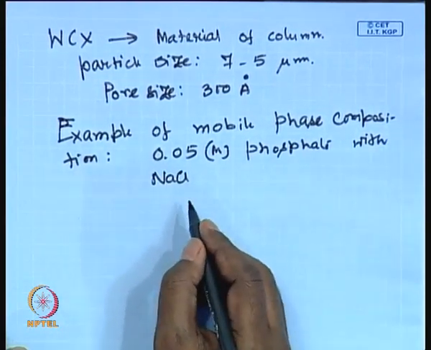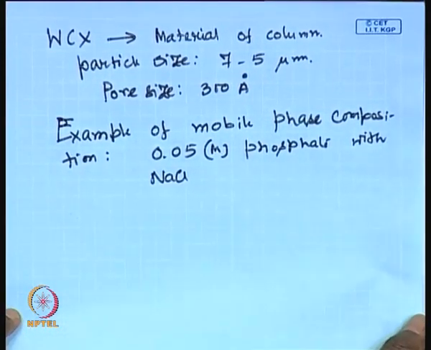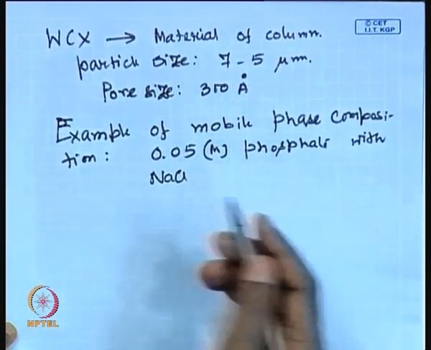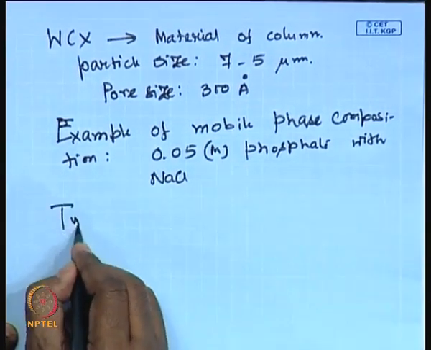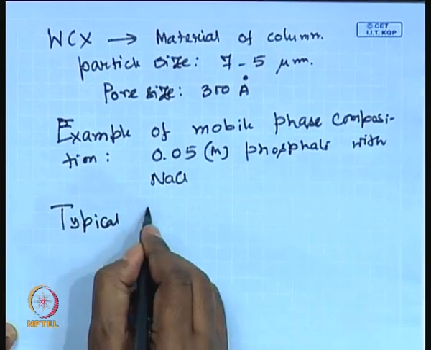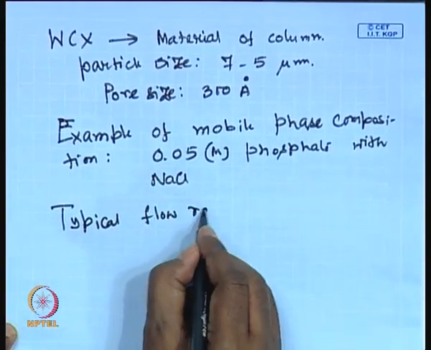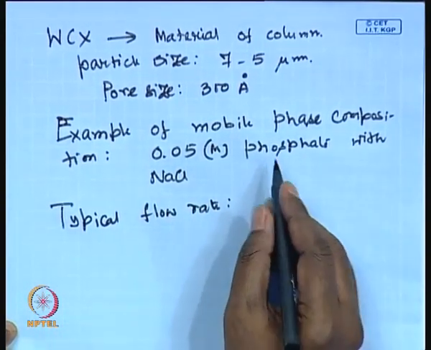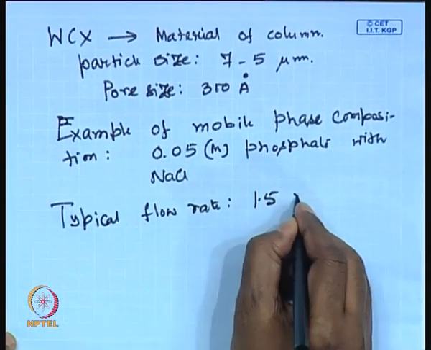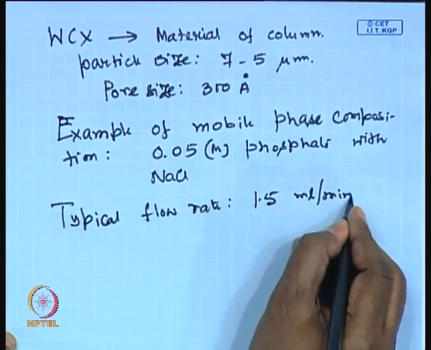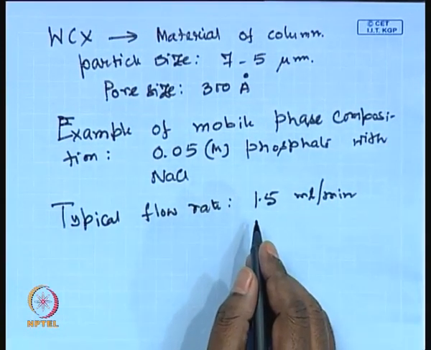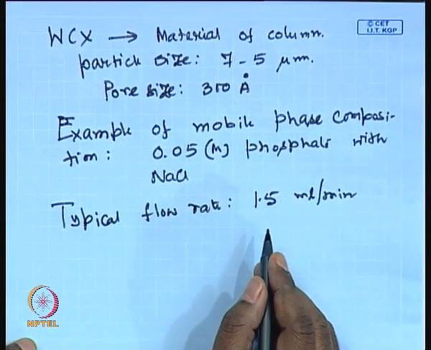You can have various other mobile phase compositions for different uses. The typical flow rate will be in the order of 1.5 ml per minute. I am giving these figures to identify the typical values of various operating conditions in a chromatograph.